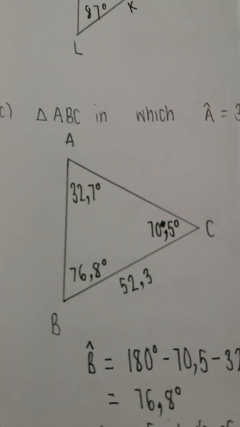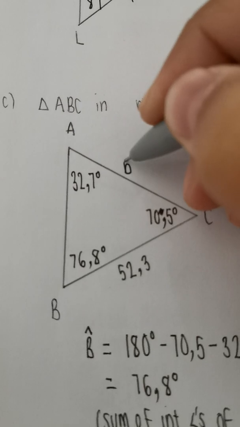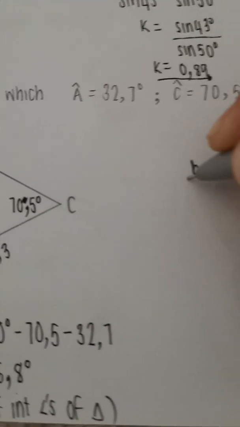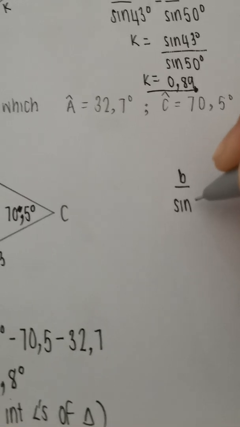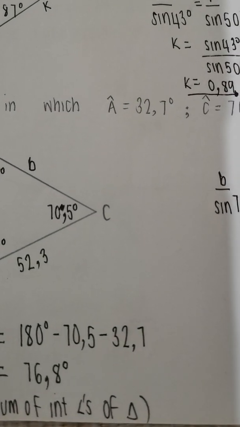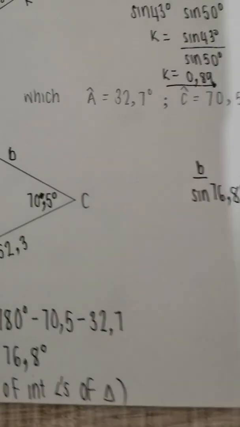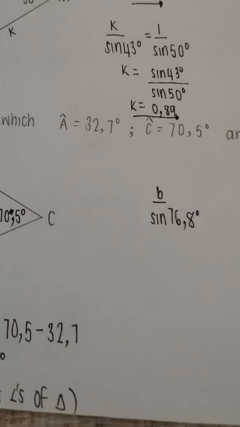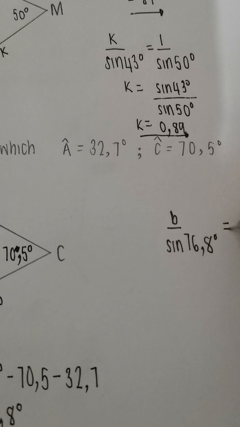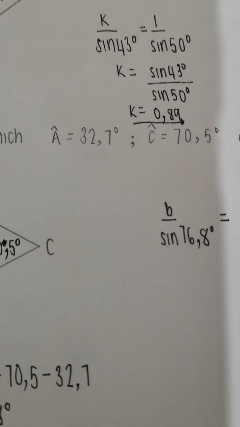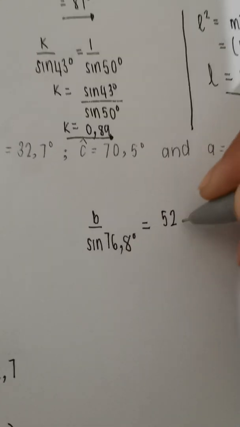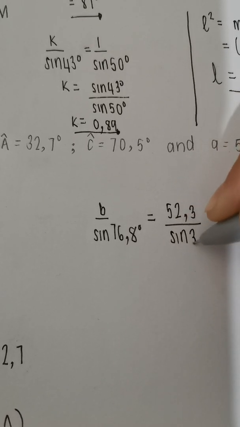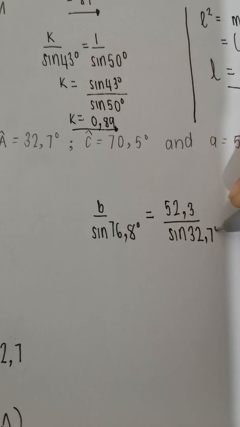And let's figure out side B using this sine rule. Oh, by the way, this number on the calculator is not rounded off in any way. What did I do?